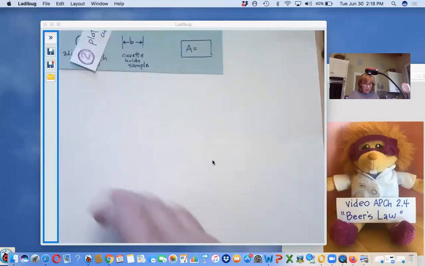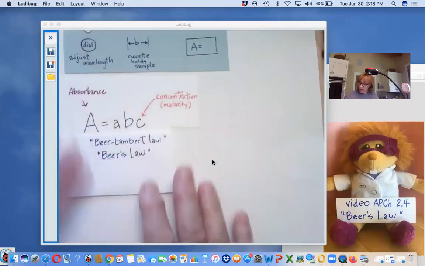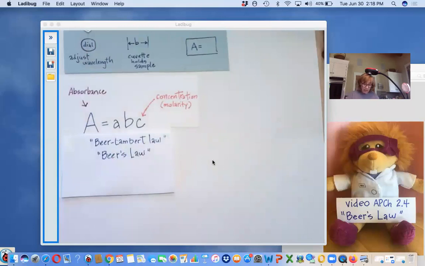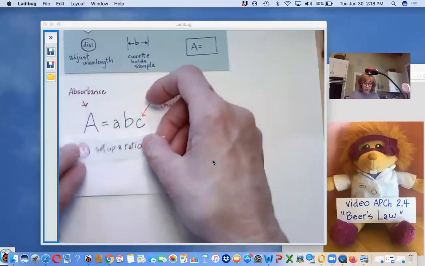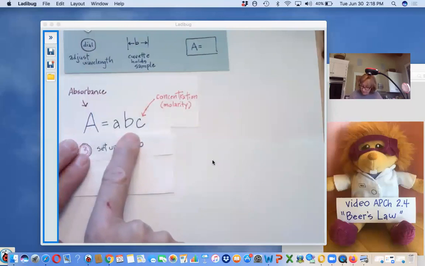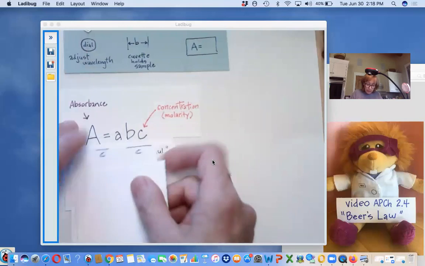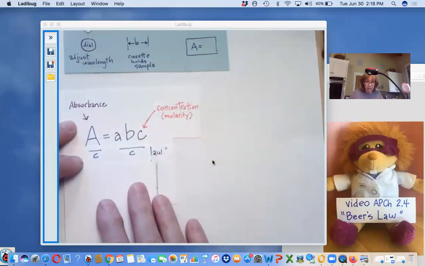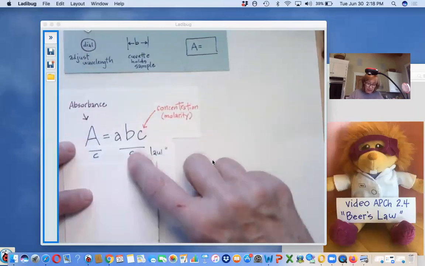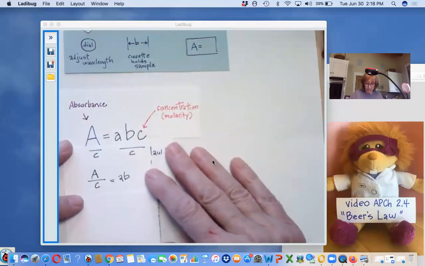There is a third way that Beer's law is helpful to us, and that involves setting up a ratio. So let's take a look at Beer's law again, and let's divide both sides by C. Now these are going to cancel out, and that gives us this form.